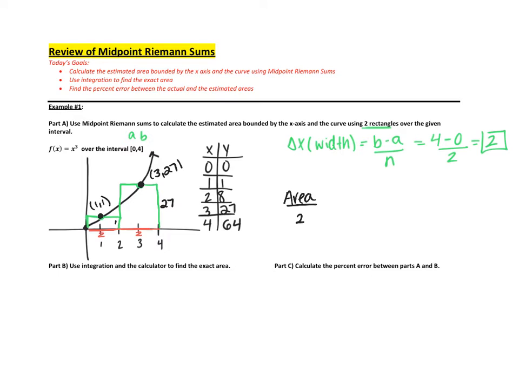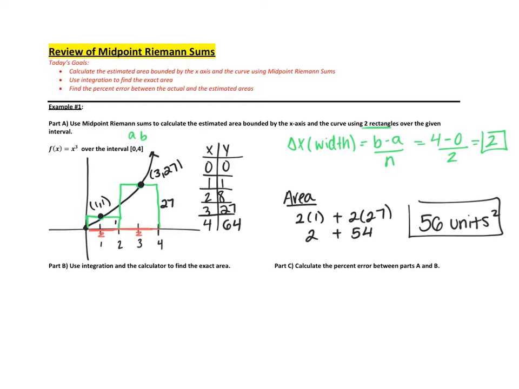So the base, or the width, is 2 with a height of 1. That's this rectangle over here. The next one is going to be a base of 2 and a height of 27. So 2 times 1 is 2. 27 times 2 is 54. So just add those together and you get a combined total area of 56 units squared.